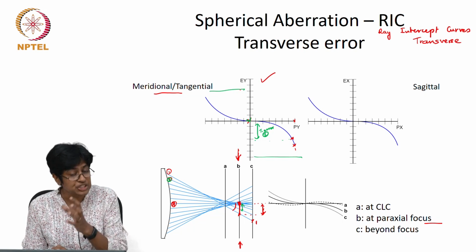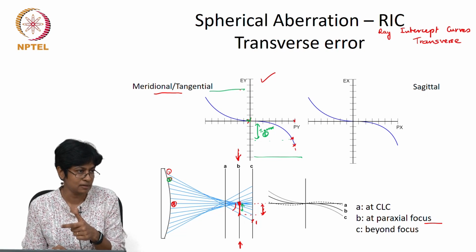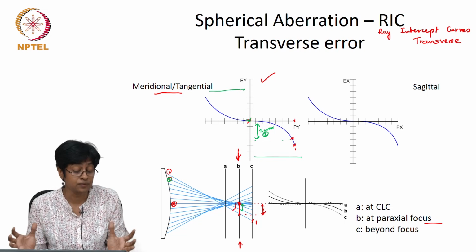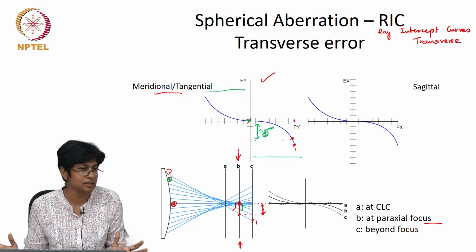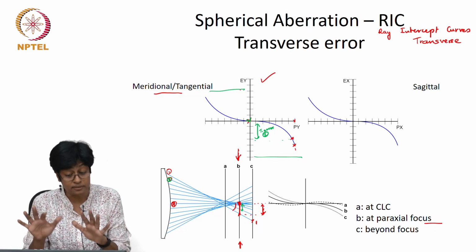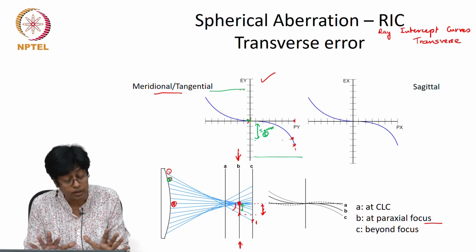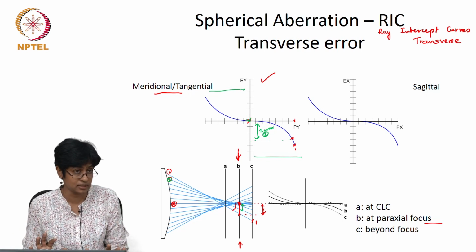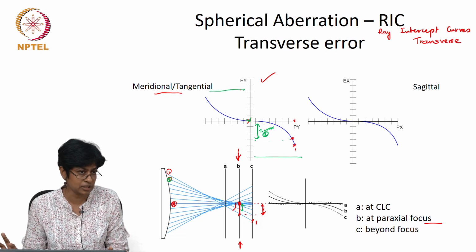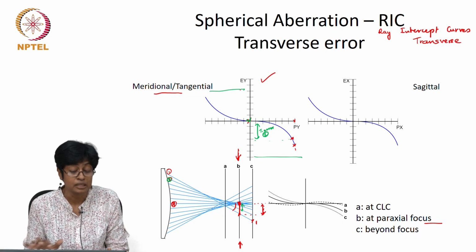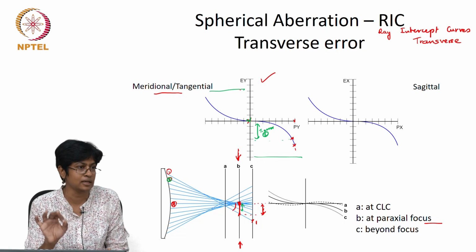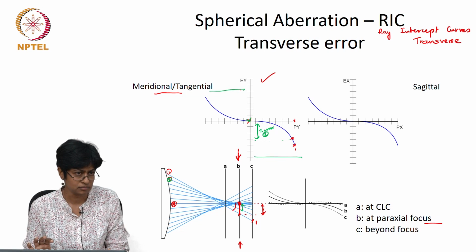But from the shape, you will be able to tell which one of the aberrations is dominant in the system. So in this case, we are pretending we have designed a system which has no other aberration in it except for spherical aberration. So this is a pure spherical aberration curve, right?